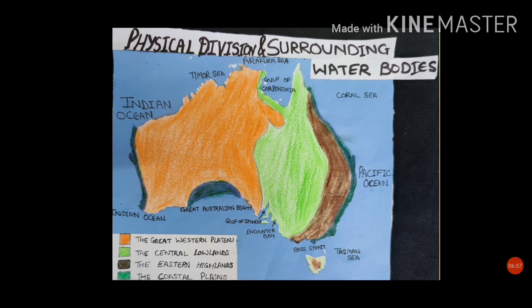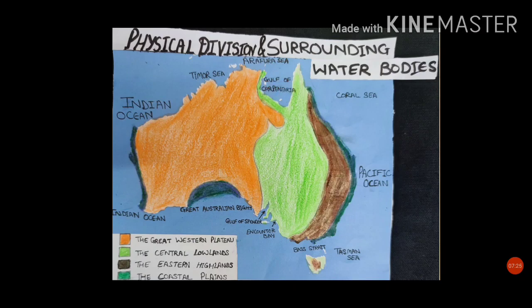Australia lies between the Indian Ocean in the west and the South Pacific Ocean in the east. The Arafura Sea in the north, Timor Sea, Gulf of Carpentaria.